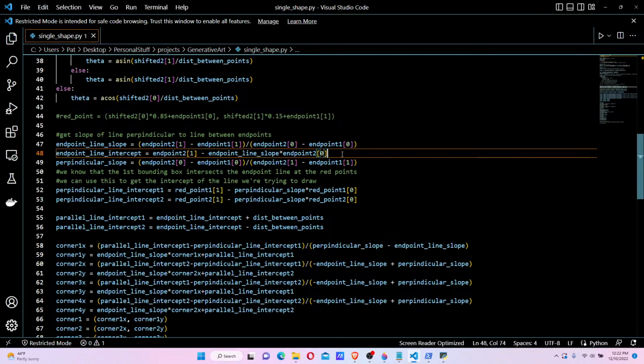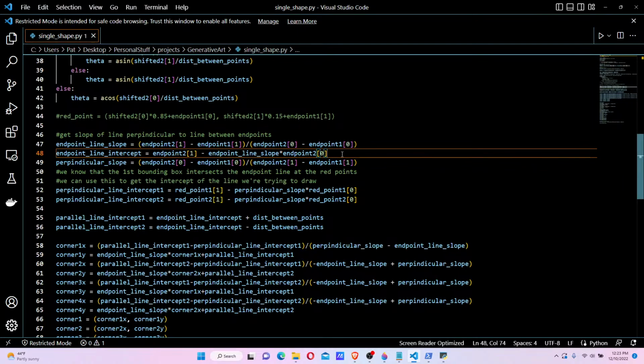So if the endpoint line intercept is wrong, that could only be because the endpoint line slope is wrong. And to get the slope, you do the difference in y's divided by difference in x's. That's right. Endpoint line intercept.